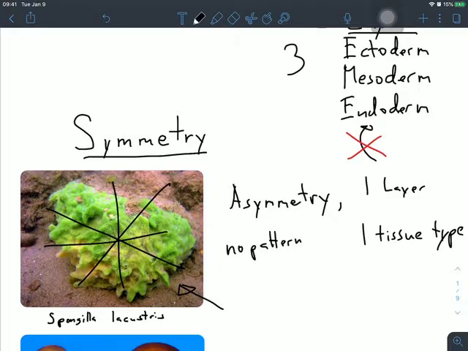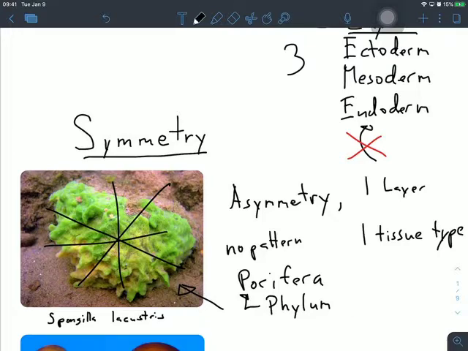So sponges are our most simple animals. They come from the kingdom Porifera, or they are in the class Porifera. Also, I didn't mean class or kingdom. I really meant phylum. My apologies, y'all. It is the phylum Porifera.